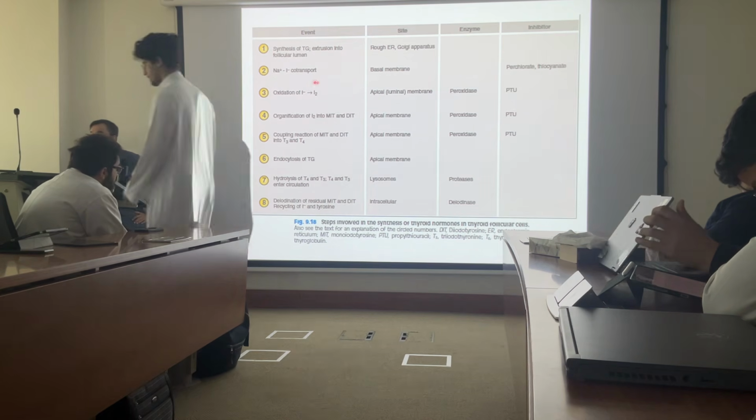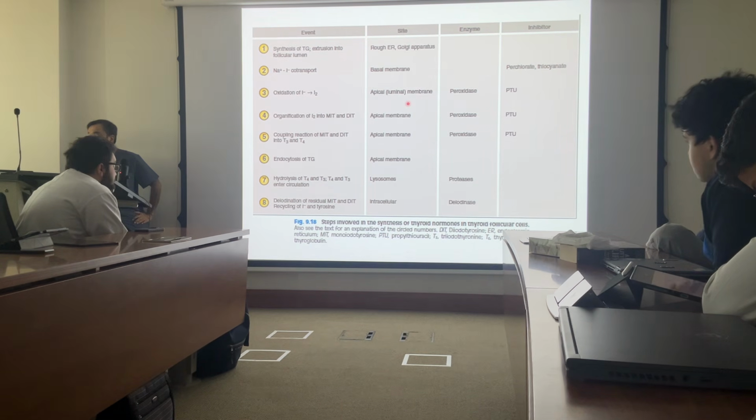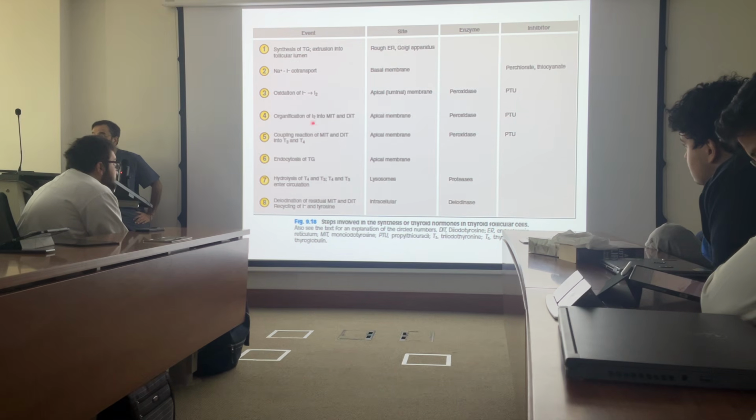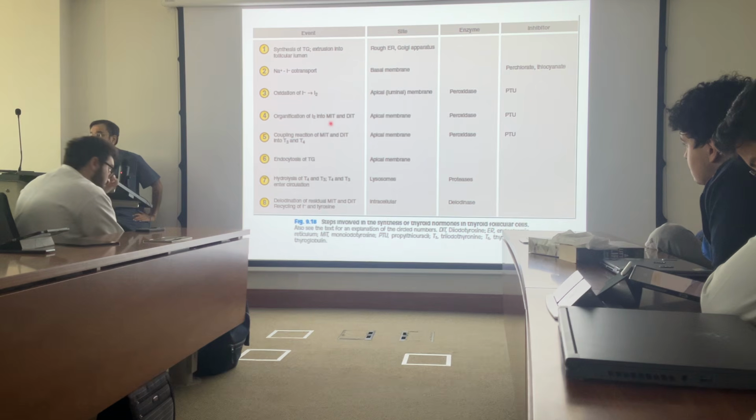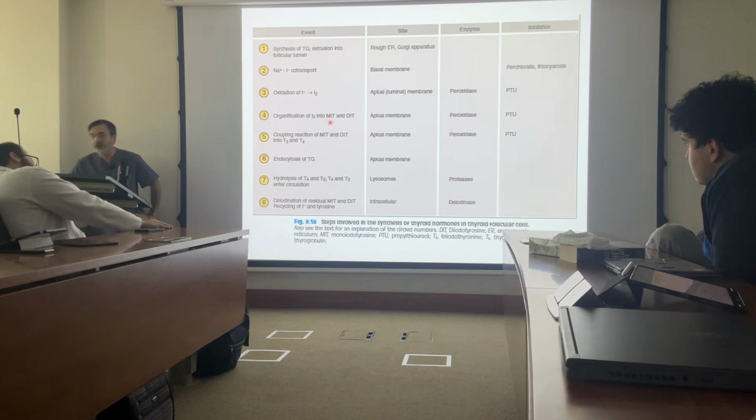Then you have oxidation of iodide to iodine. This happens at the apical membrane by the peroxidase. Then you have the organification of iodine to the thyroglobulin, which will produce MIT and DIT. Then you have a coupling reaction, which will create T3 and T4.